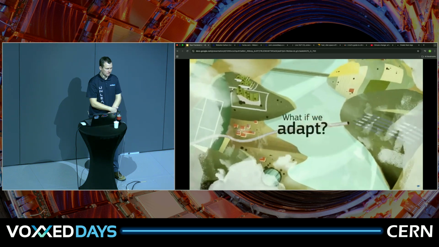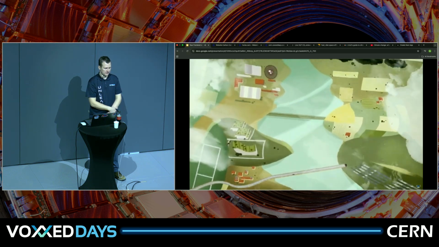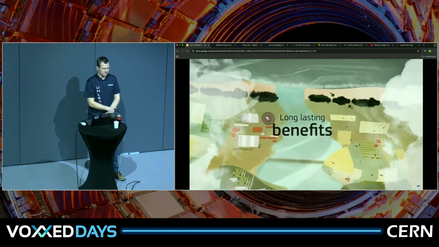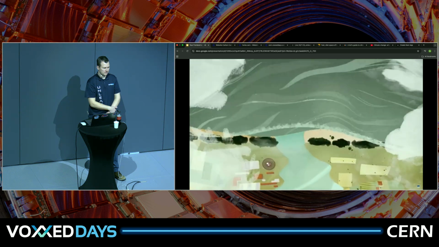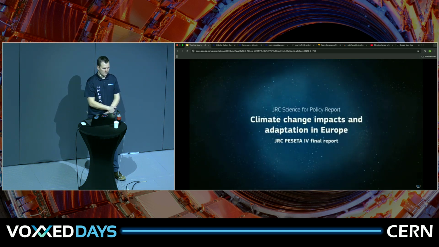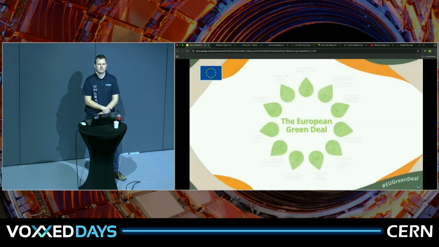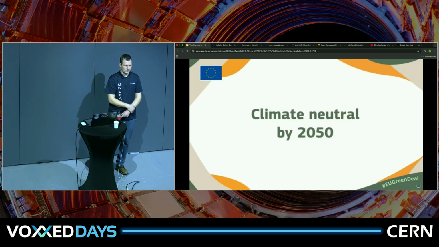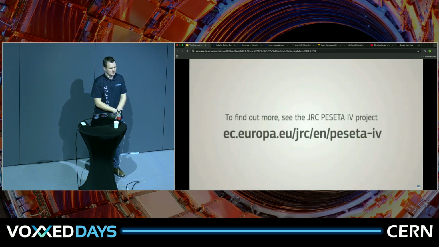And if we also adapt to climate change, we can reduce impacts even further. Adaptation can have long-lasting benefits for our people, economy, and our ecosystems. Our study illuminates the importance of the European Green Deal, putting climate action at the heart of our long-term strategy, and why Europe is committed to be climate neutral by 2050.